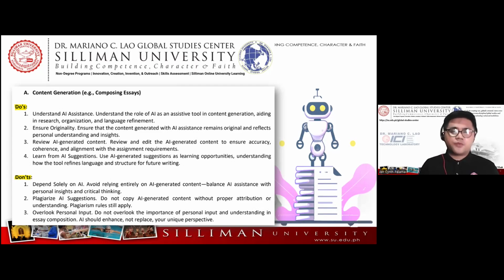And when you ask for an analysis, for example, when feeding it into an AI, make sure to also add your own reflections. This will enhance your analysis and demonstrate your personal connection to what you're asking AI. So do not overlook your personal input, meaning to say you need to really consider adding your own ideas to the question being asked. So that's the first do's and don'ts in terms of content generation.